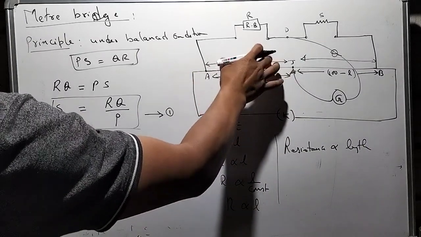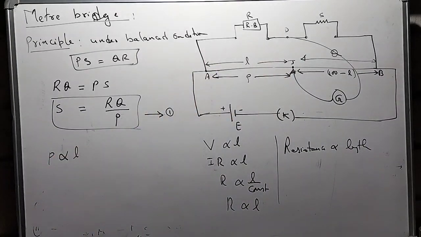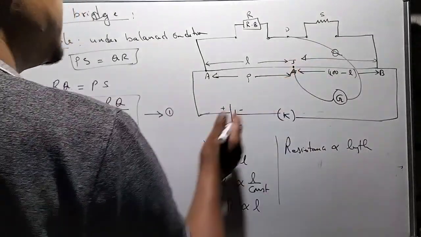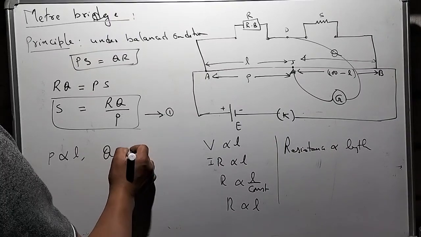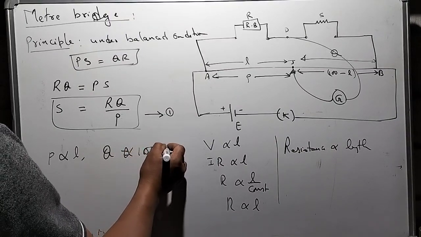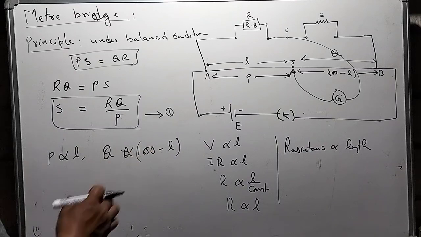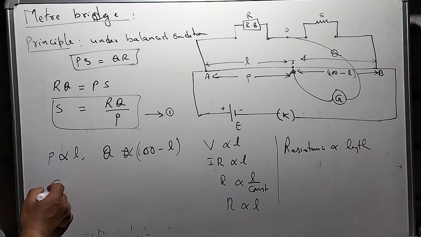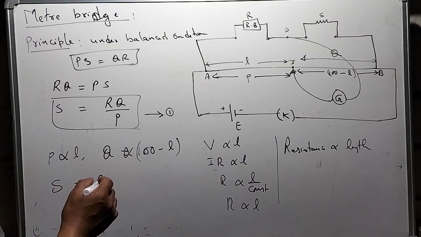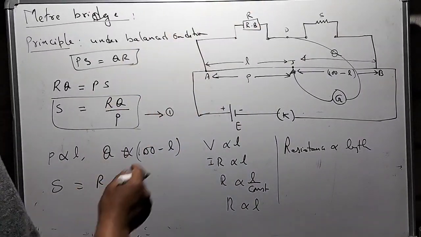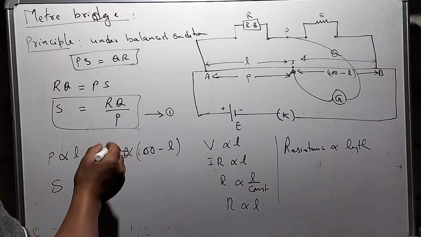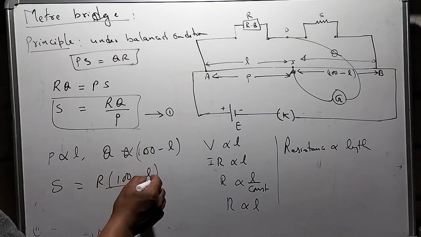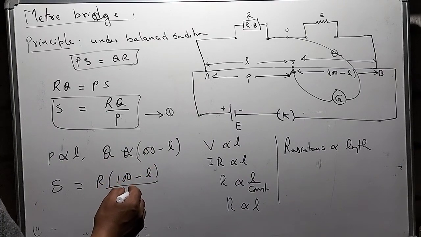Length L. And this resistance Q is directly proportional to which length? 100 minus L. So putting these two values here, I can say that S is equal to R, because R is a known resistance, times Q over P. Your Q is 100 minus L, and your P is L.